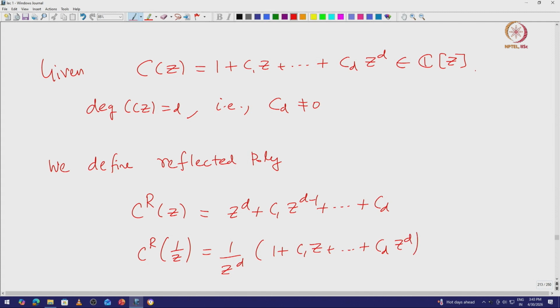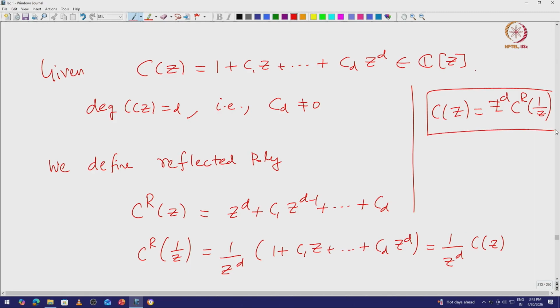So, this is exactly equal to 1 divided by z^d times C of z. That means the relation between these two is given by C of z equal to z^d C_r of 1 divided by z.